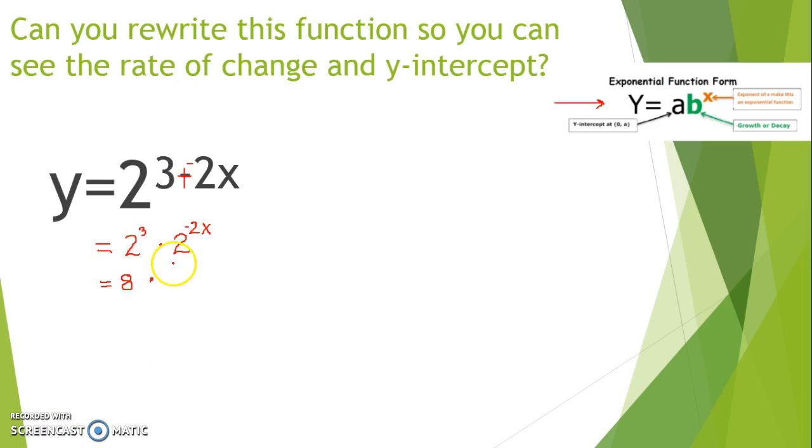So I can rewrite this as 2 to the negative 2 being raised to the x power. And 2 to the negative 2, that's 1 over 2 squared, or 1/4, being raised to the x power. Alright, so you're going to get to try this as well.